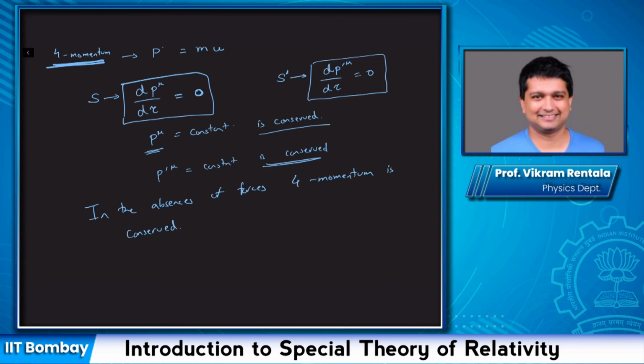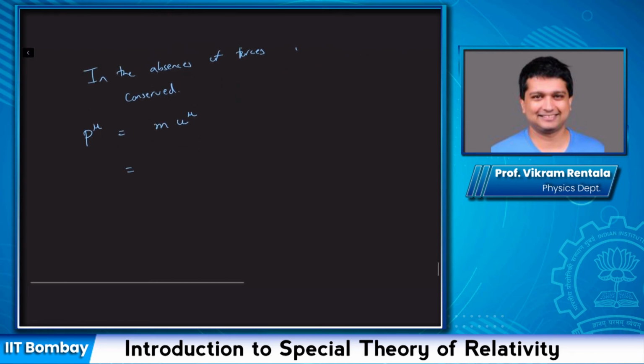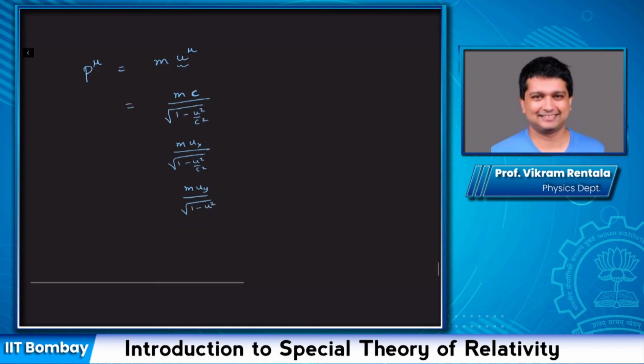Okay, so let's explore this a little more. Let's ask, what is this quantity p mu, and what are these 4 things that are conserved? So p mu is m times u mu, and let's write down explicitly each of these components. If you recall the components of the 4 velocity, it's mc over the square root of 1 minus u squared by c squared, where the particle has a velocity u in the frame S, whose components are ux, uy, and uz.